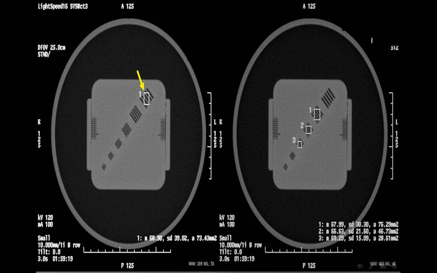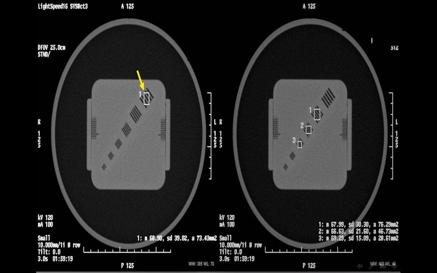Again, I will draw the region of interest inside the group of line pairs. So I will get, as you can see, a mean value and a standard deviation value. Here 1, 2, 3: the mean values are 67, 66, 69. The standard deviation here is 30, because there is a gap between line pairs, so there is variation in Hounsfield unit, so we will find the standard deviation is the highest one.